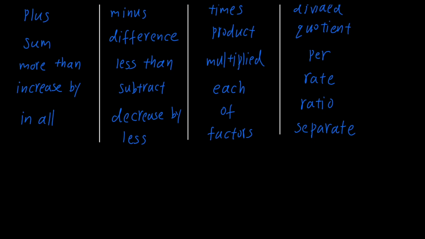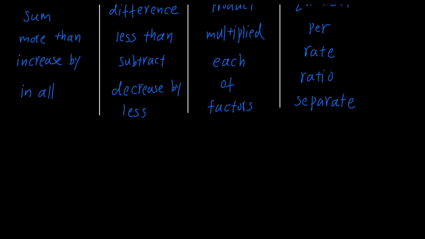Let's say I have 2 and this symbol, it means 2 plus 3. And what if I have this symbol? It means 2 minus 3.